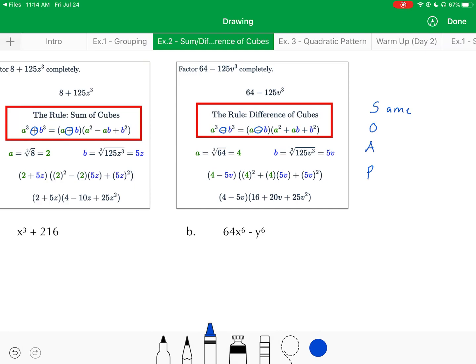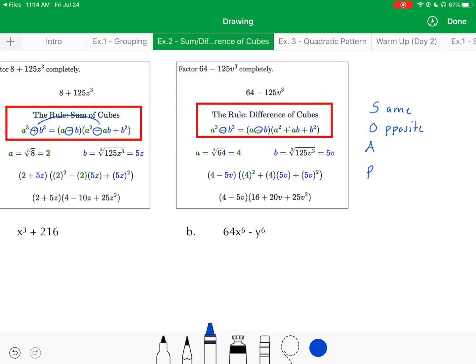Now the O and the AP correspond to the signs within the quadratic factor, okay? So O stands for opposite. So what that means is that this sign right here is always the opposite of the original sign. So notice these are opposites.